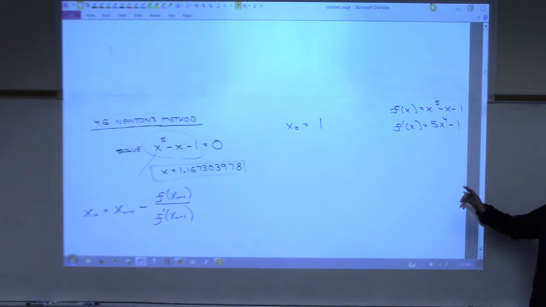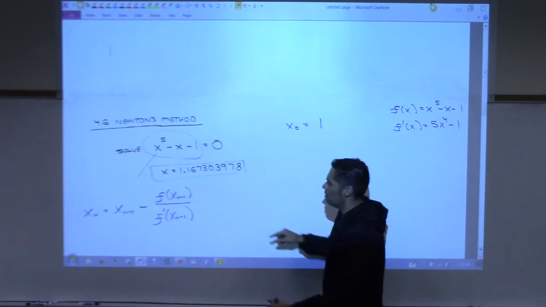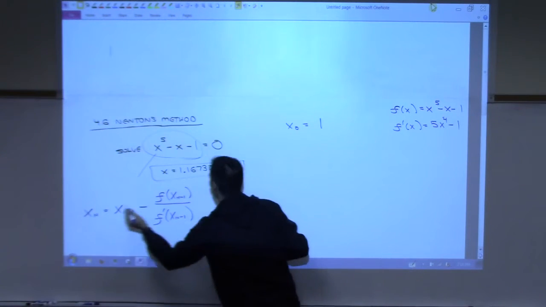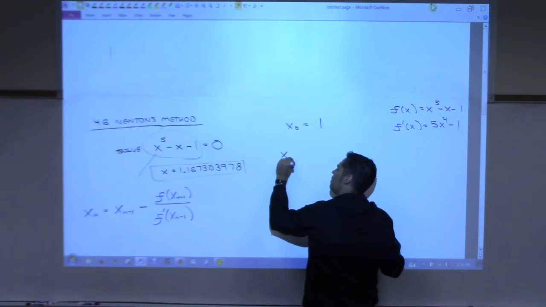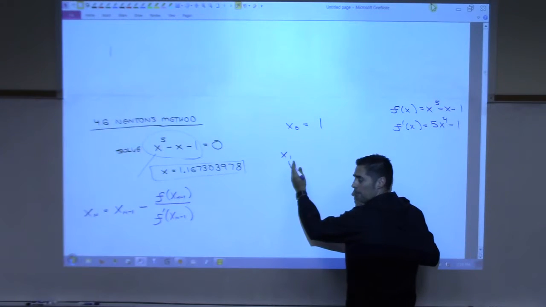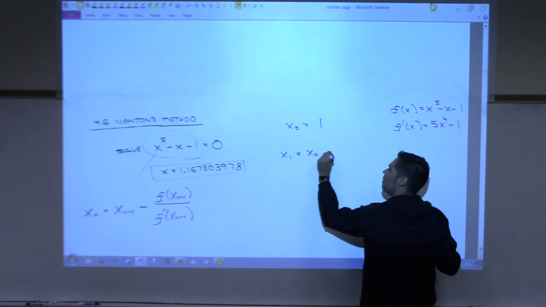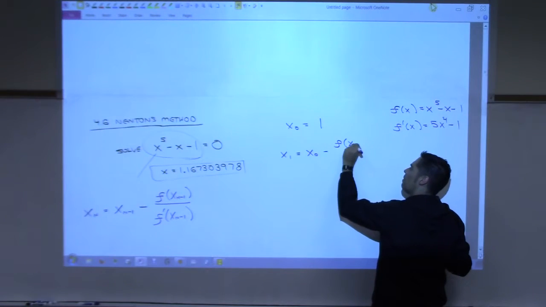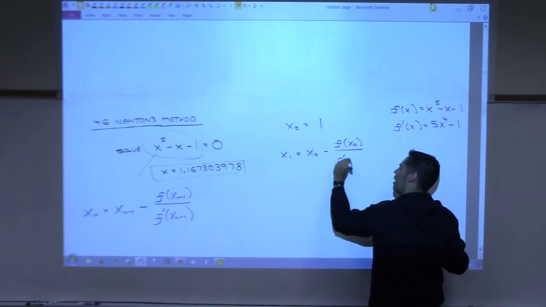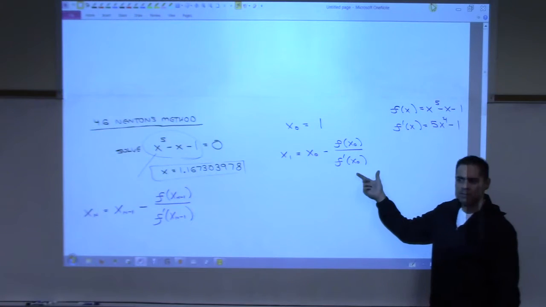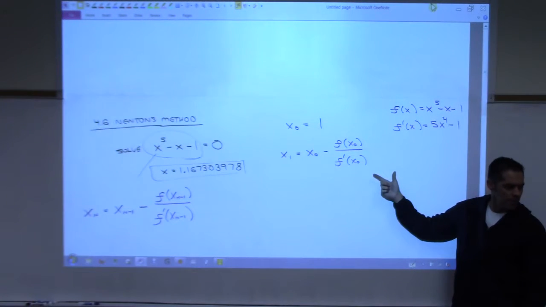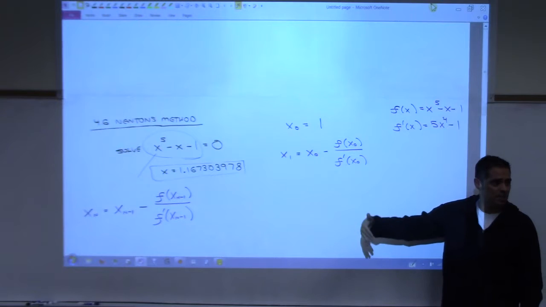All right, let's plug 1 into this formula. If I'm going to find the next number in the sequence, I'm going to take the one before it minus f at the one before it over f prime at the one before it. Does that make sense? If I do this, that should give me the next number in the sequence.